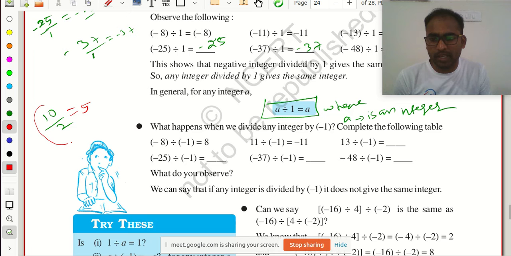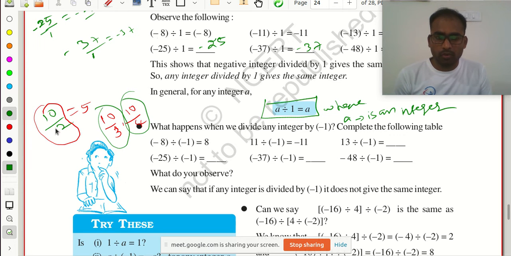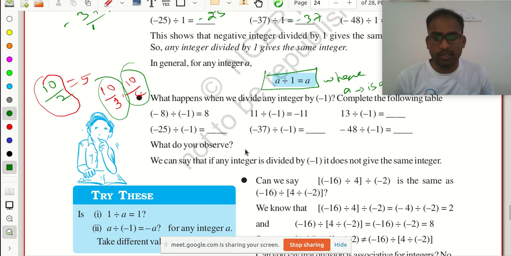What is the meaning of 10 by 2, or 10 by 3 or 10 by 4? We will understand these things in fractions and decimals. It will be very clear there. In the next chapter, we are having fractions and decimals. There we will understand very easily.